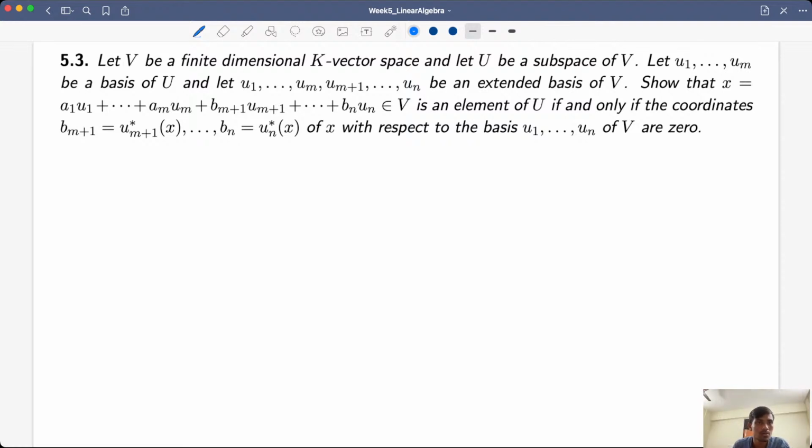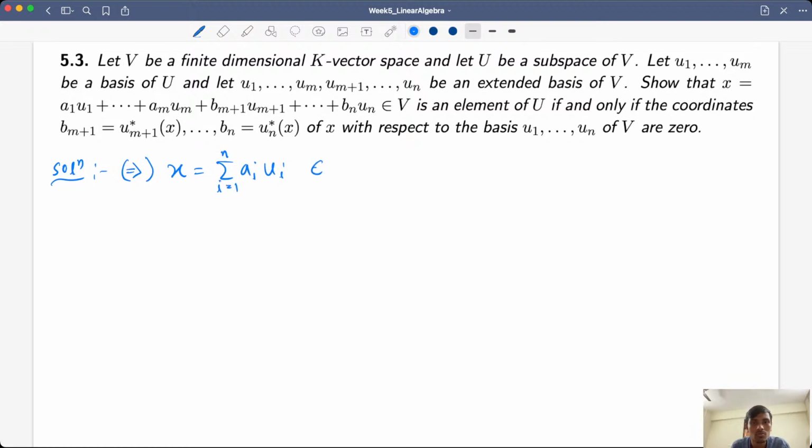Suppose we take the forward part. Suppose x equals the sum of ai ui, i equal to 1 to n.